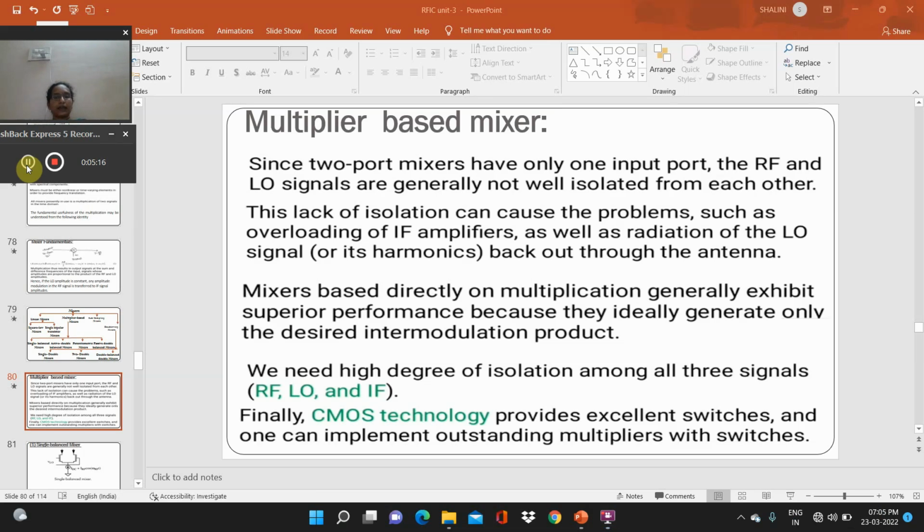Mixers based directly on multiplication generally exhibit superior performance because they ideally generate only the desired intermodulation product. We need a high degree of isolation among all three signals, that is RF, LO and IF. Finally, CMOS technology provides excellent switches and one can implement outstanding multipliers with switches.